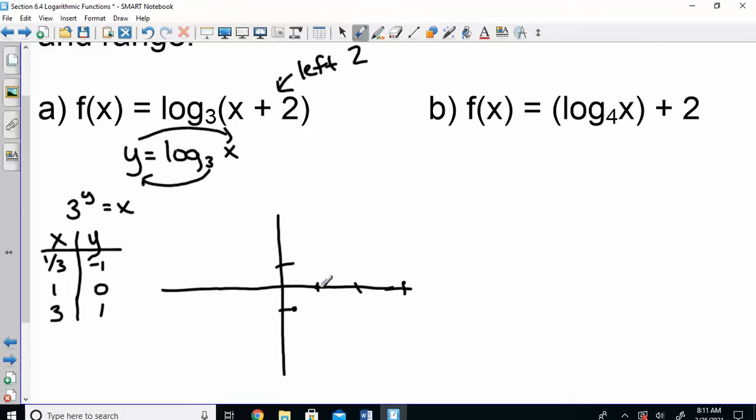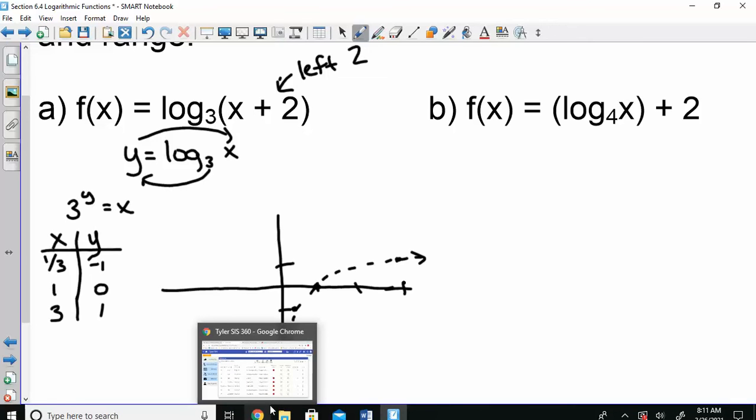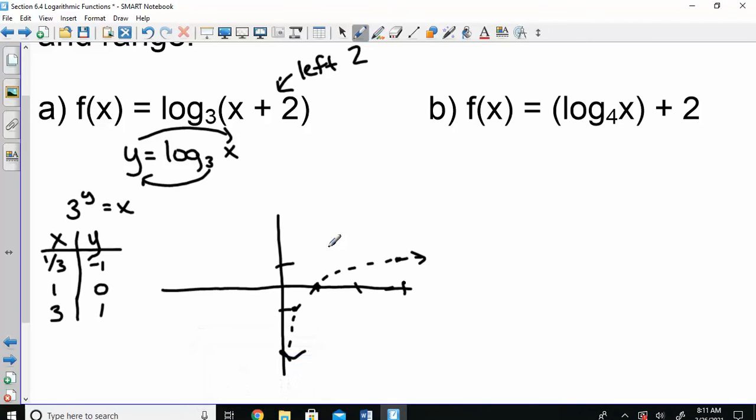1/3, -1, 1, 0, 3, 1. We know if we're doing a parent function, we go ahead and draw that just as a dashed curve. When I move this thing to the left, what else is happening?